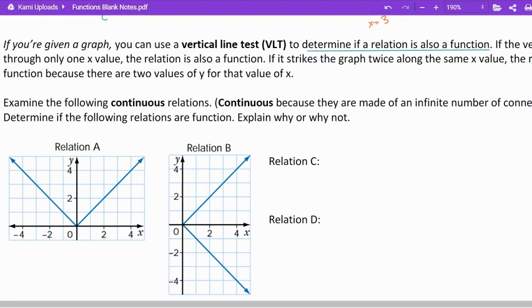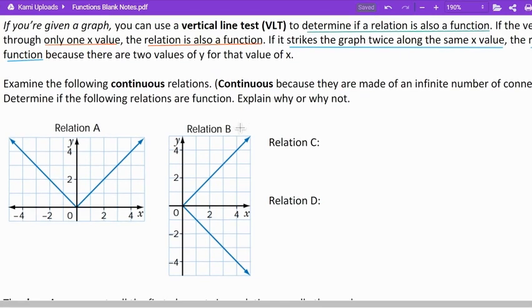If the vertical line goes through only one point at each x value, the relation is also a function. But if the vertical line strikes the graph twice along the same x value, the relation is not a function, because in that case there are two values of y for that x value.